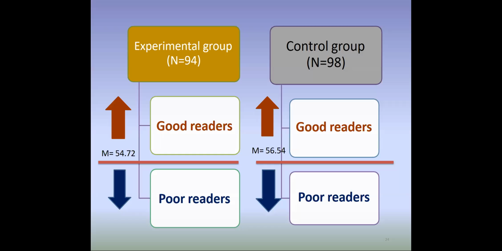The procedures here are as follows. We will have two groups called the experimental group and the control group. The experimental group has 94 students and the control group has 98 students.